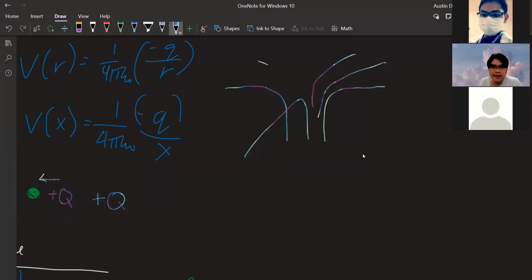Para siyang may butas. So ganyan yung itsura ng graph ng ganitong potential. Okay?